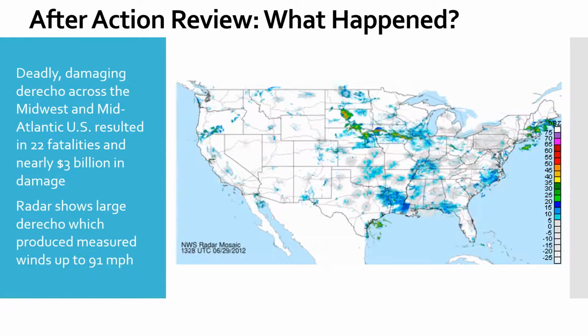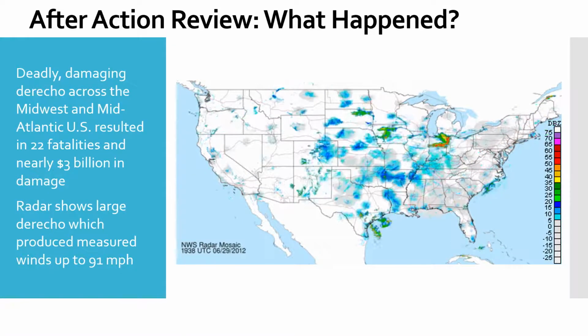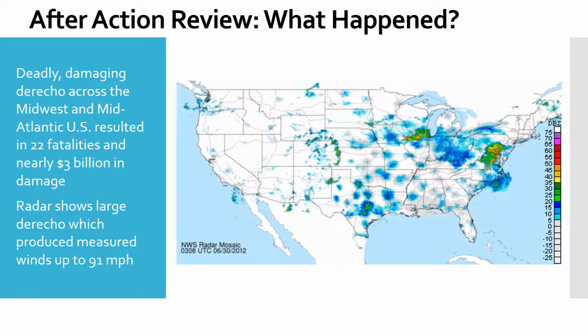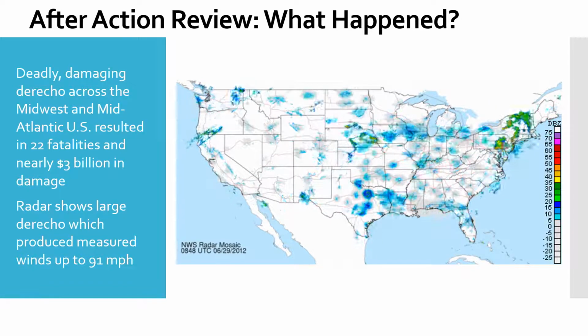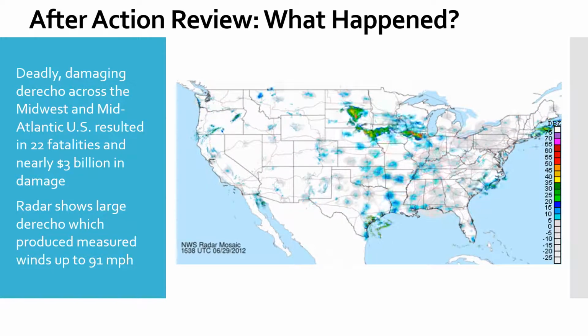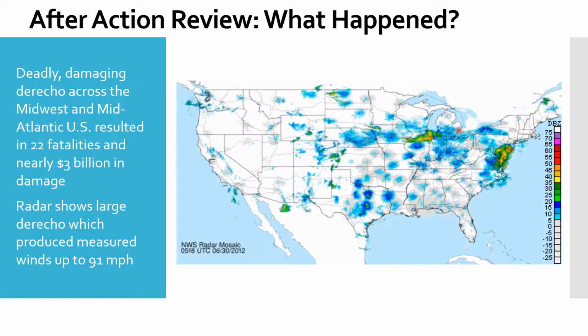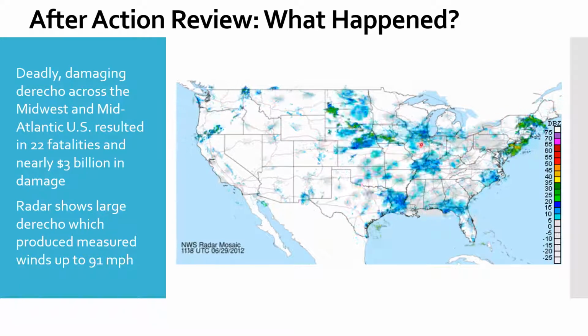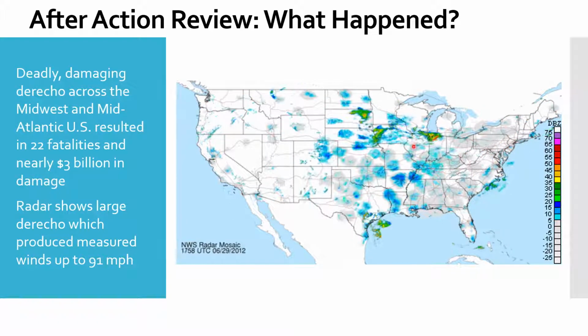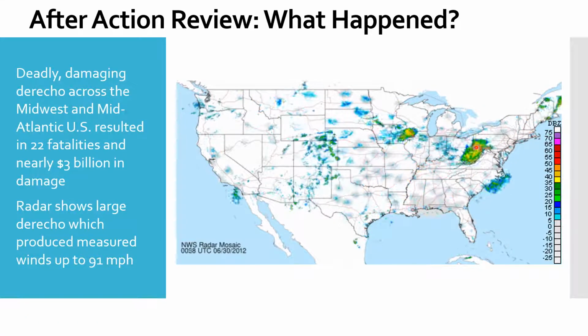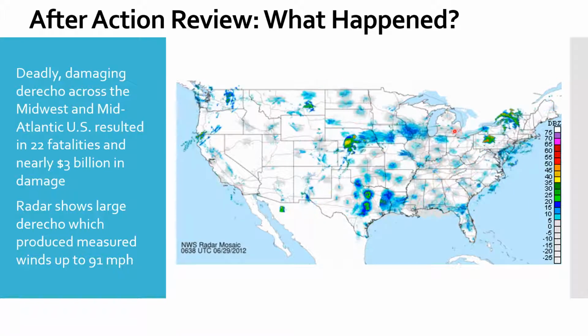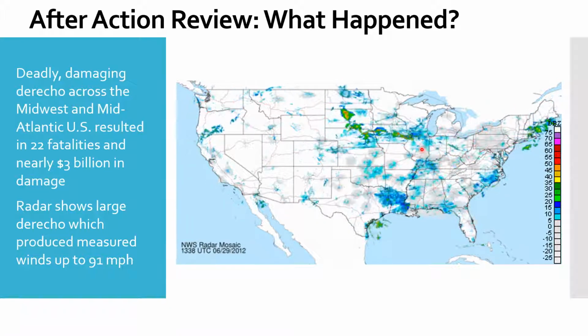Finally, we'll look here at what the radar mosaic showed for this day in June 2012. If we focus our attention on the Midwest and Mid-Atlantic, we can see that a large, very strong line of thunderstorms developed and moved eastward along the boundary that was providing our lifting mechanism.